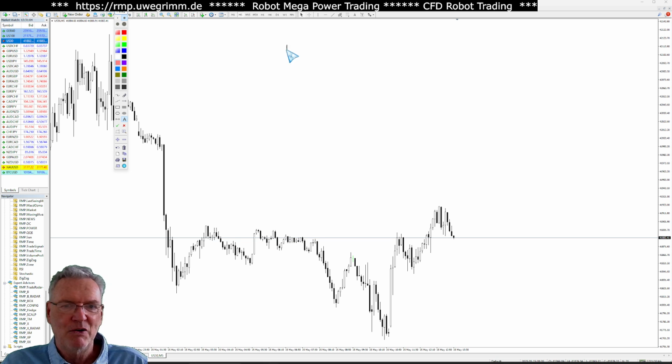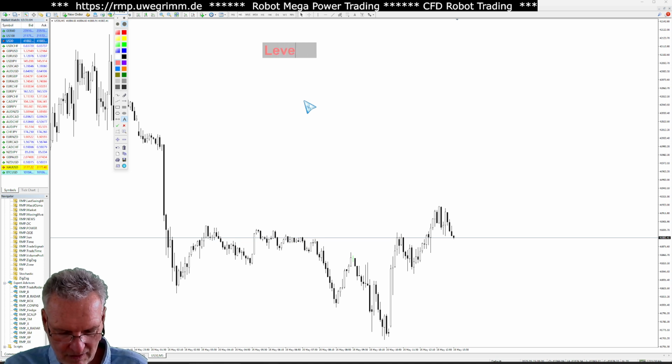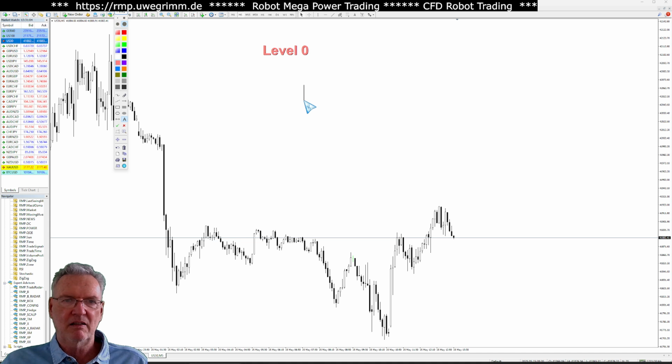We have level 0. This is the start, ladies and gentlemen. That's the start where you learn the MetaTrader. Normally, it will not take you a long time. Then you go to level 1.